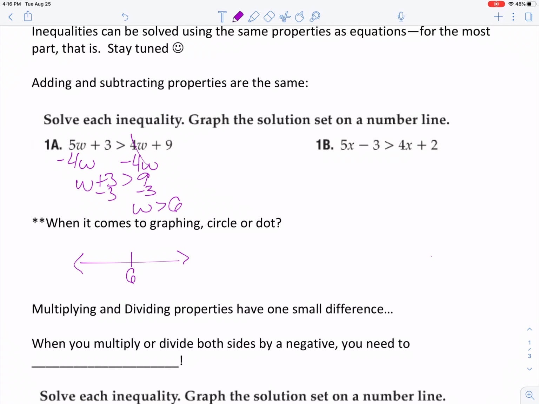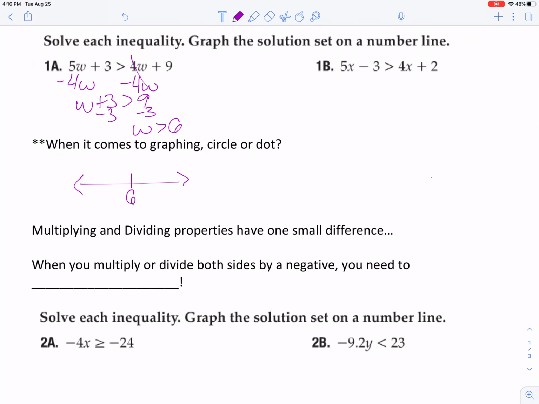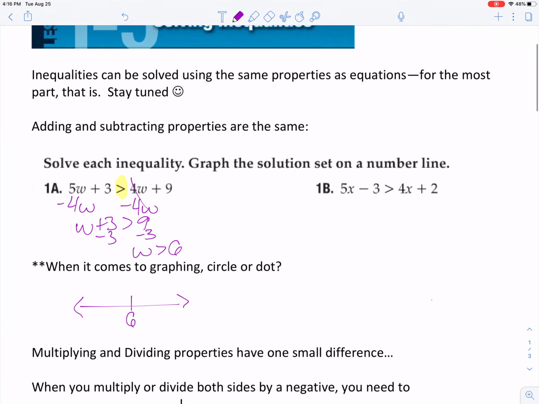You might notice there are two different ways that these signs can look. I have a greater than sign, and I have a greater than or equal to sign. If it's a greater than or a less than sign, that means the variable is going to approach a number really, really close, but it's never going to actually get to that number.